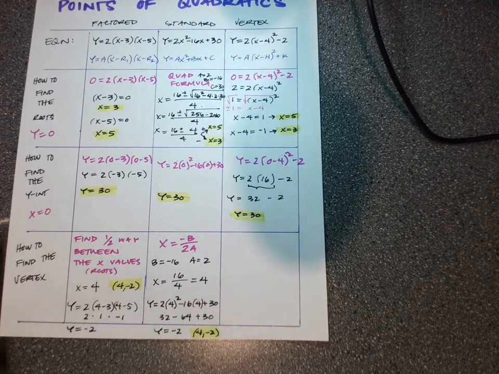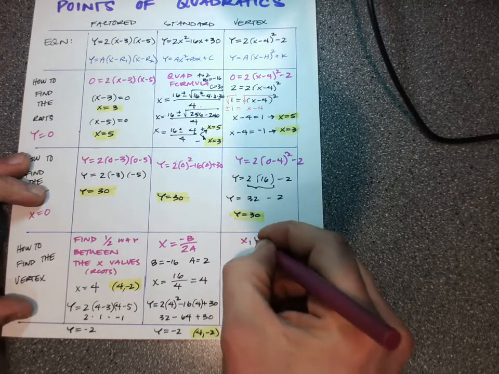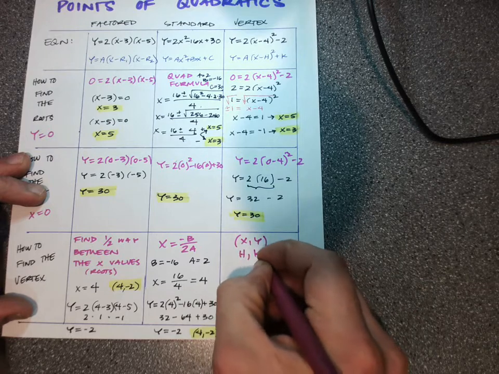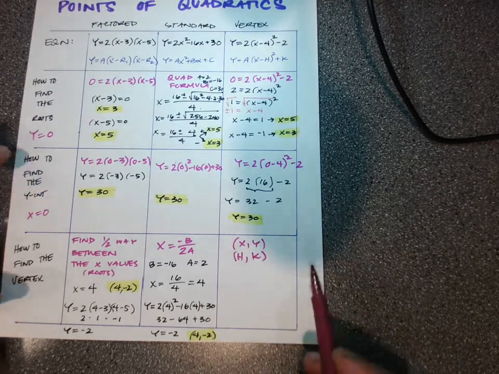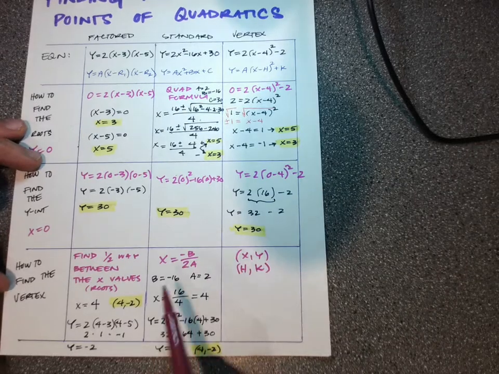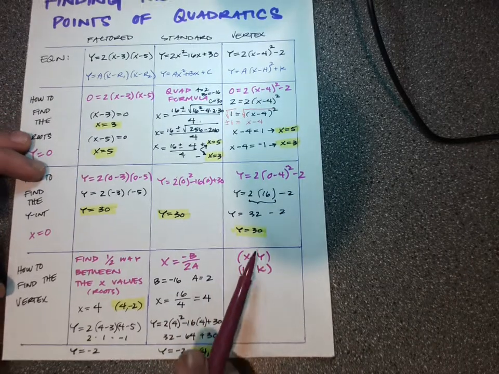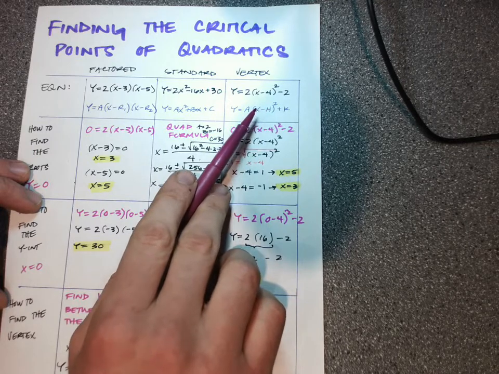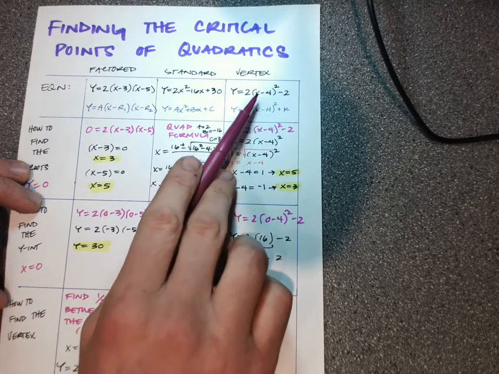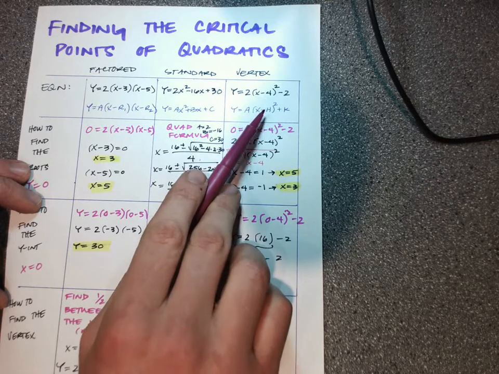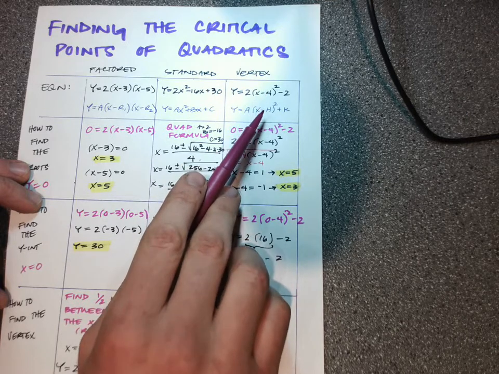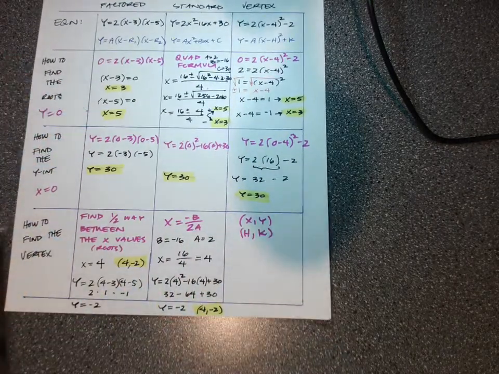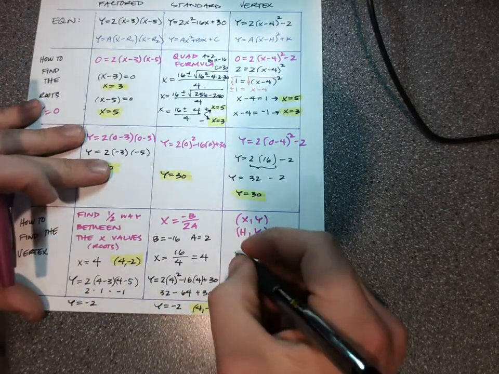Last one, the x and y of the vertex are the h and k of the vertex form. So we don't need any solving, you just need a little bit of knowledge here. Since in the format, the h is the x of the vertex, and it's already a minus, and our equation matches minus, it looks the same. So 4 is the h value, and that matches our other parts here.